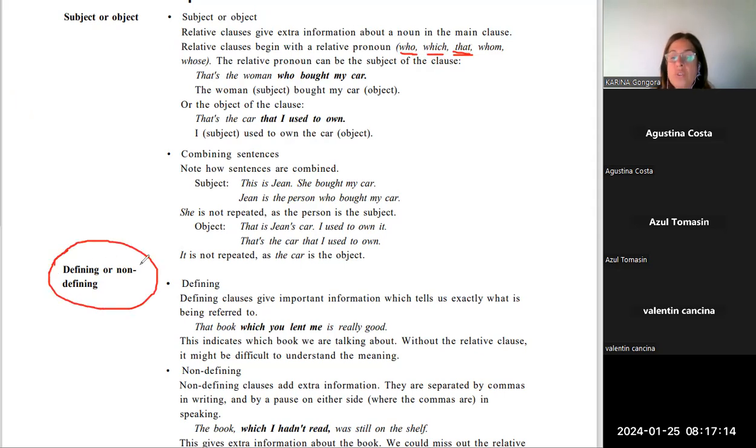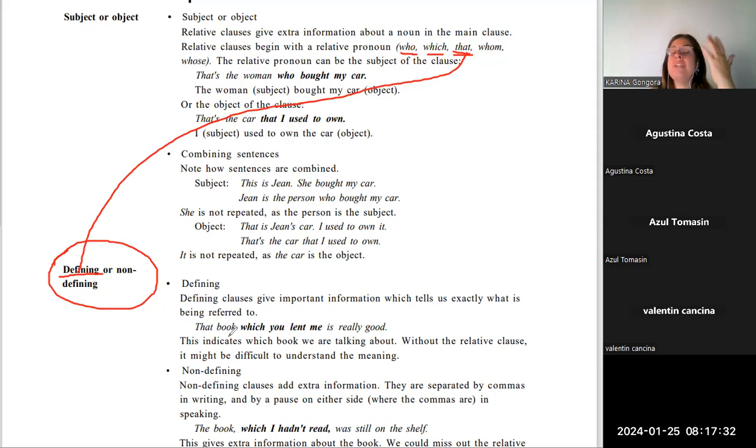Yes, we are going to use that only when it is a defining relative clause. We are not going to use that in a non-defining relative clause.